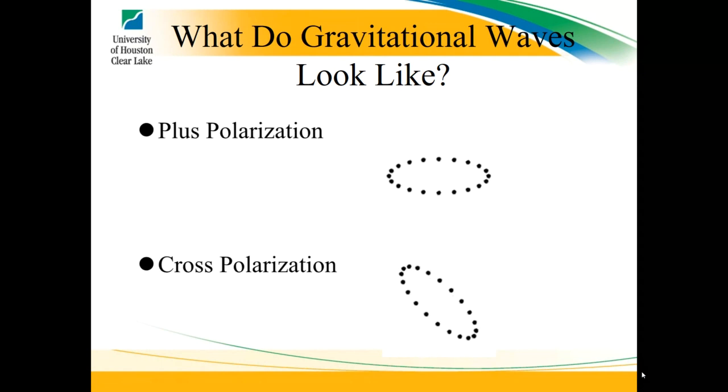So if a plus polarization wave comes in, this one will see it stronger than the other one. And if a cross, then the other one will see it. They can use that to determine the polarization of the gravitational waves coming in. Also, they can find the direction by looking at when the signals arrive relative to each other. If one arrives a few microseconds later than the other one, then you can tell that.